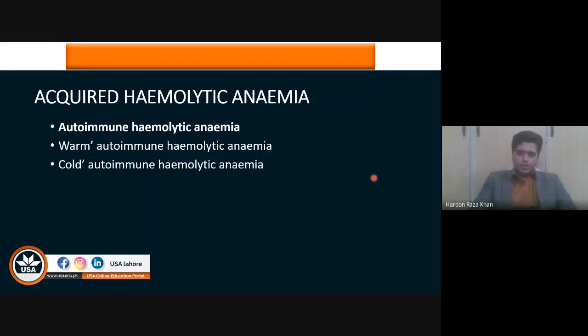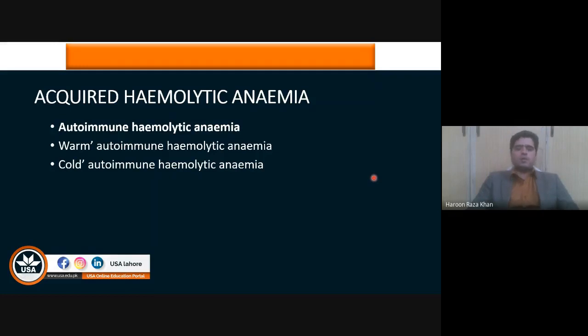Apart from that, occasionally immunosuppressive drugs like azathioprine or rituximab have shown beneficial effects on these patients as well. So they can also be given.